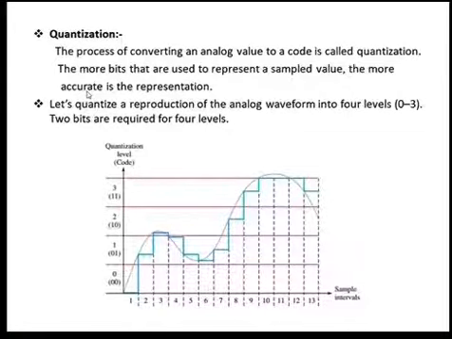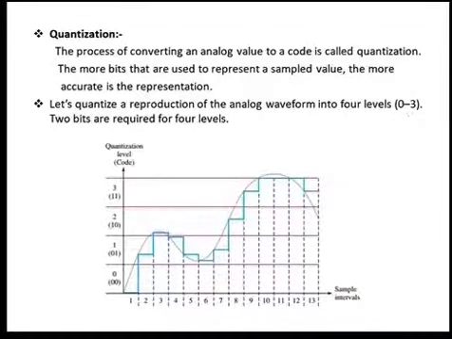So what is quantization? The process of converting an analog value to a code is called quantization. The more bits that are used to represent the sample value, the more accurate is the representation. So here in the figure below, let's quantize the reproduction of the analog waveform into 4 levels, 0 to 3.